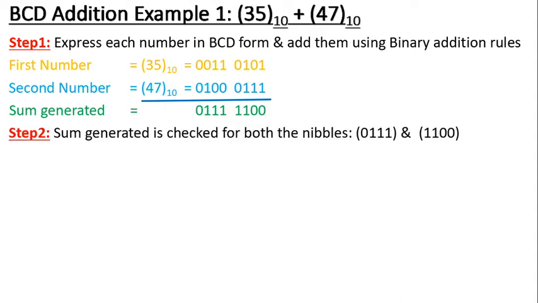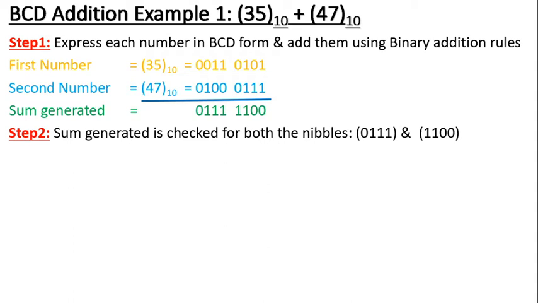Now next is step number 2. The sum generated in step number 1 is checked for both the nibbles. 0111 is the upper nibble and 1100 is the lower nibble. Both these nibbles are checked here. For what purpose is that checking required? Is any nibble exceeding 9? That checking is to be done in step number 2.